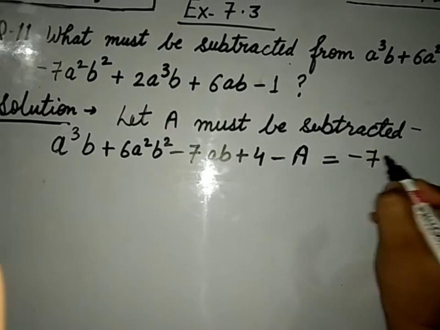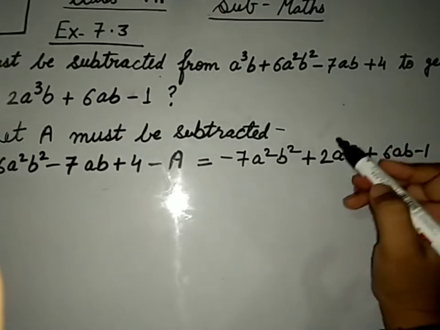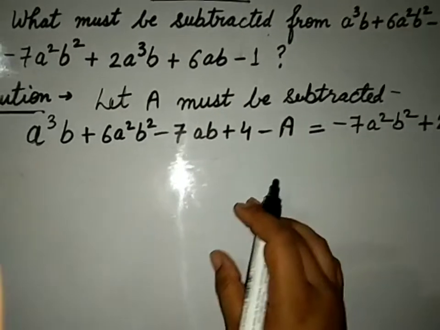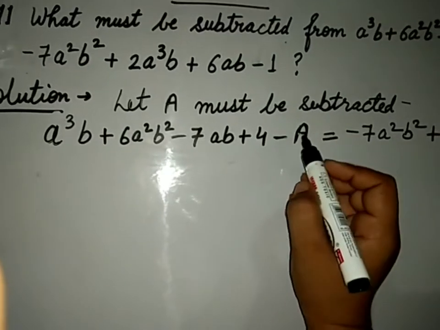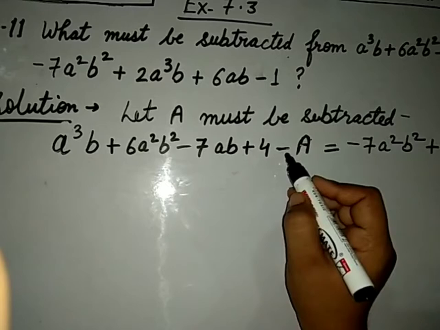So minus 7a square b square plus 2a cube b plus 6ab minus 1. So students, now you have to find out the value of A, and A is negative.